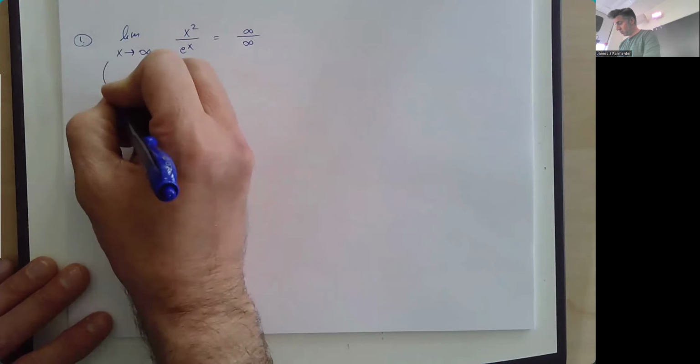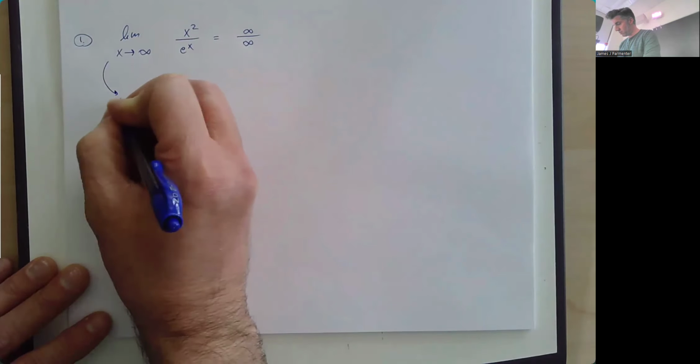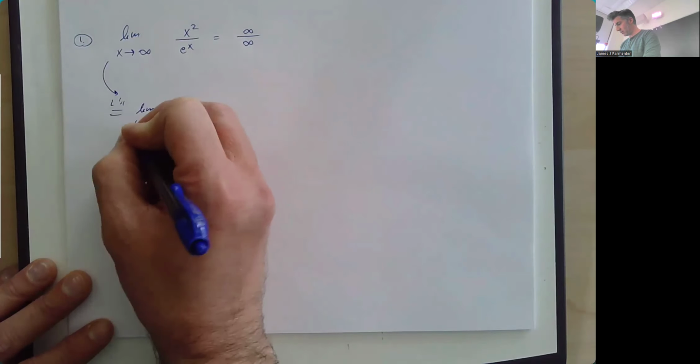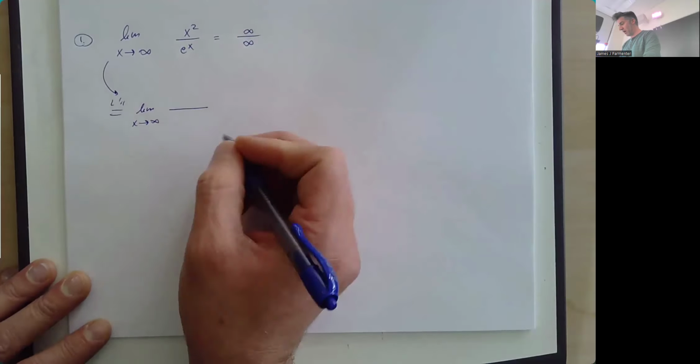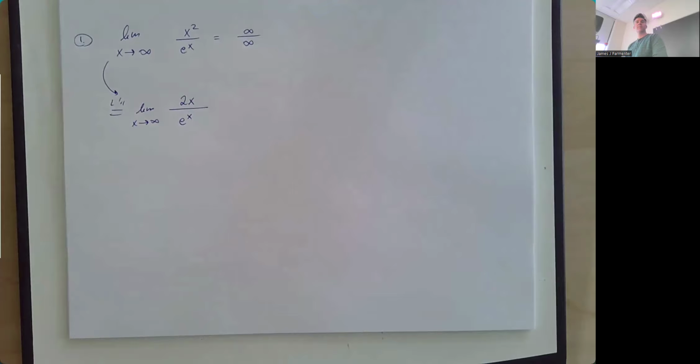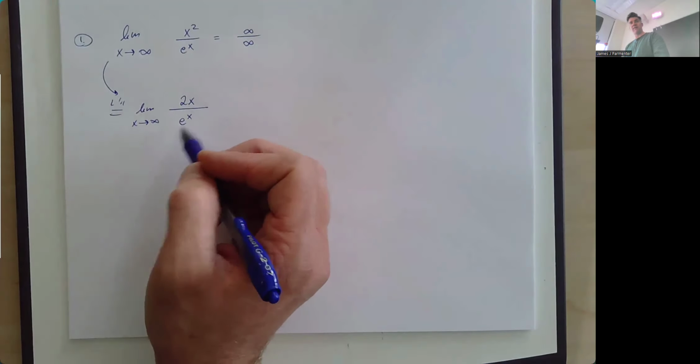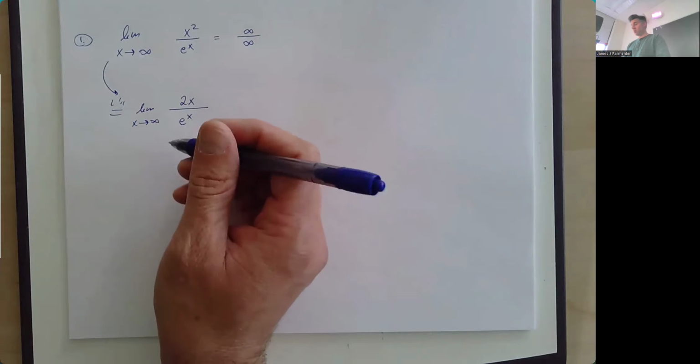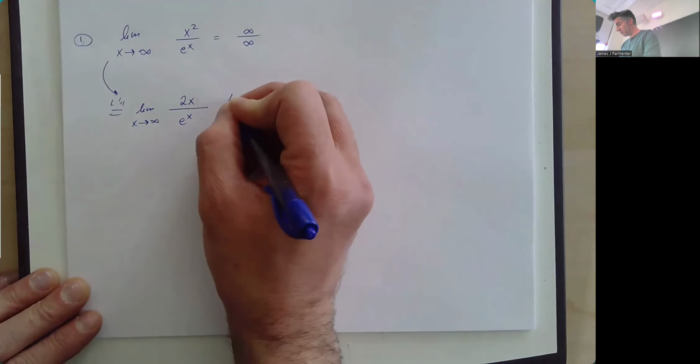So using L'Hopital's rule, I get the limit as x goes to infinity of the derivative of the top divided by the derivative of the bottom, which is 2x over e to the x. And it's still an infinity over infinity type. 2 times infinity is infinity. E to the infinity is infinity. So I use L'Hopital's rule again.